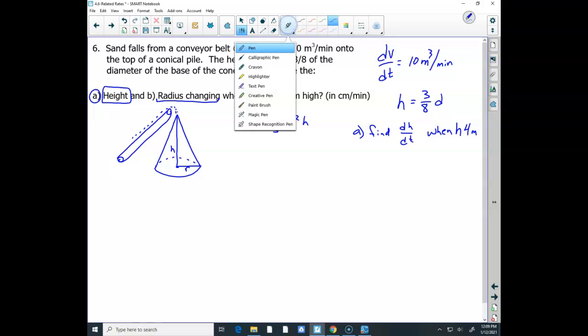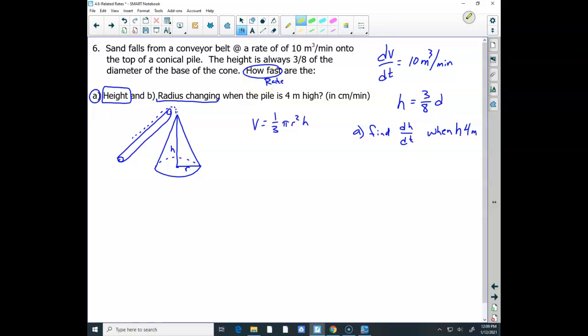And then there's a little extra thing here. They want their answer in centimeters cubed per minute. And sometimes they will do that on you. They're going to make you change units in the end. It doesn't matter if you do it before or if you do it after. But we have to make a conversion. And h equals 4 meters, not h 4m.